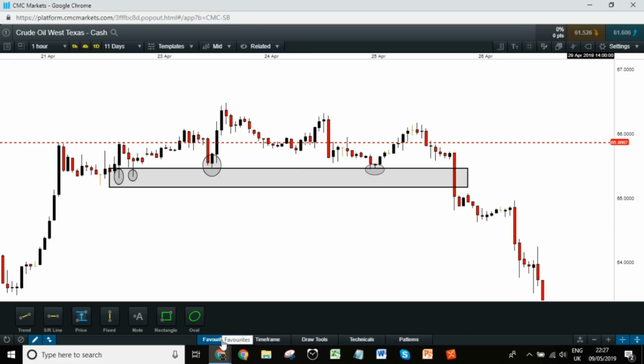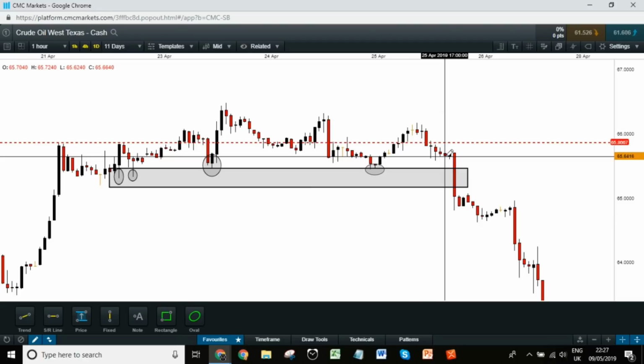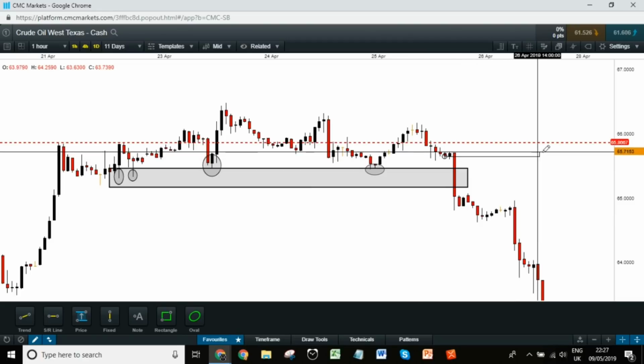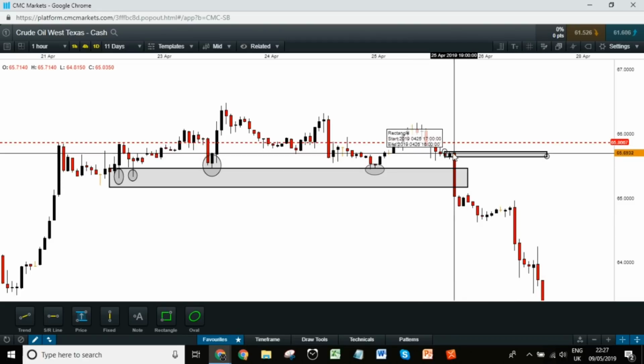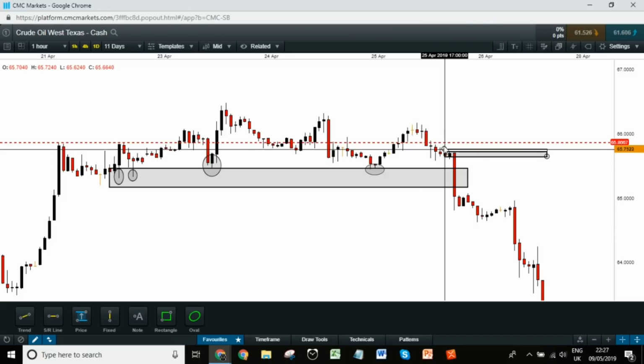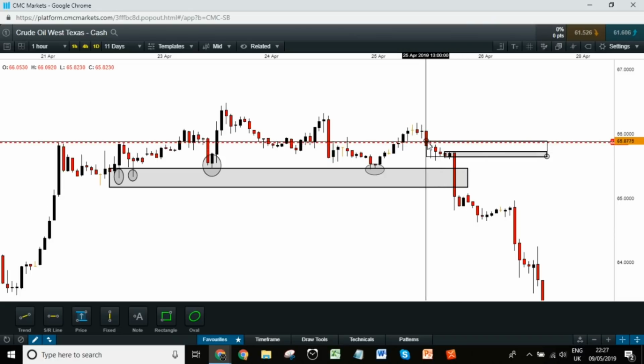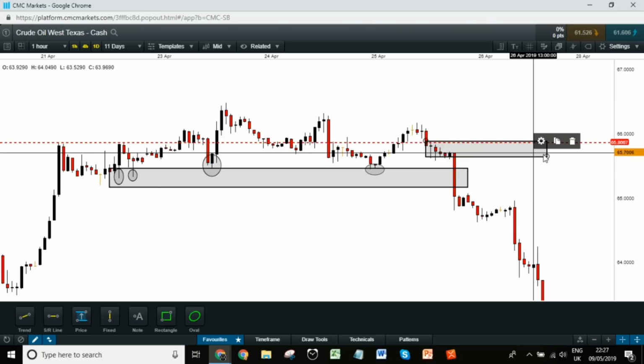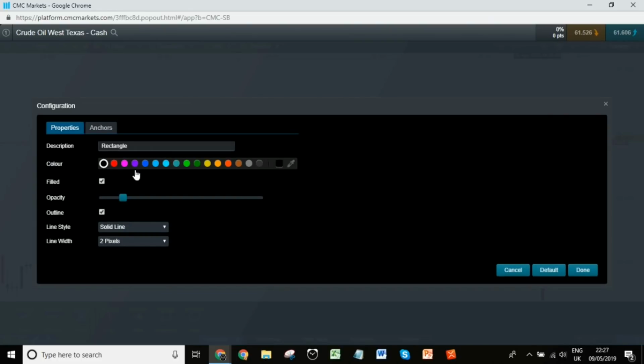So ideally, where I'd be looking right now for event three would simply be here. If I wanted to be a bit more conservative, I might even take it up to here, right? Let's just change the color of this.